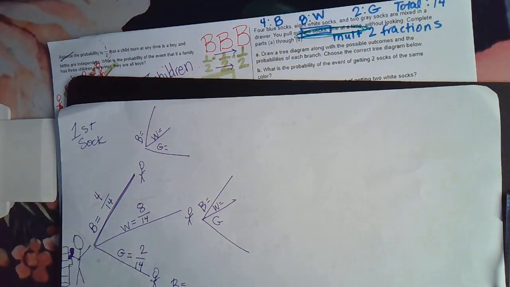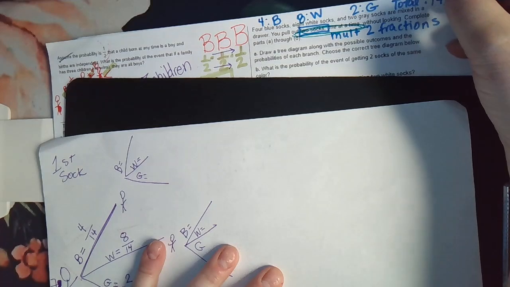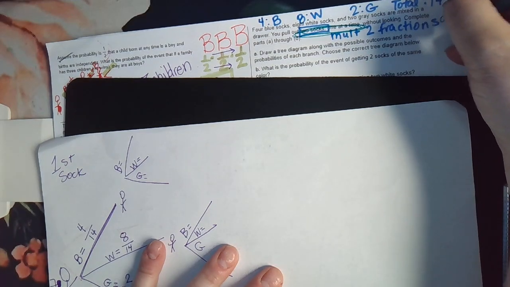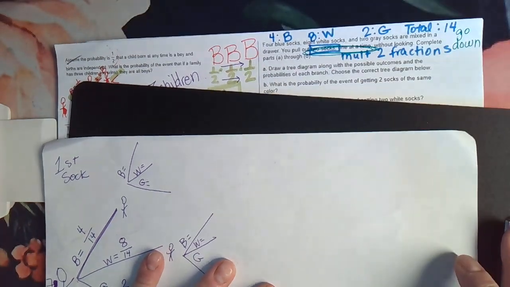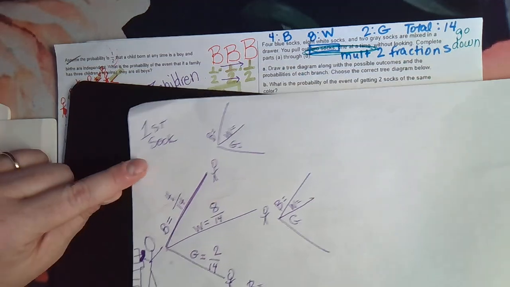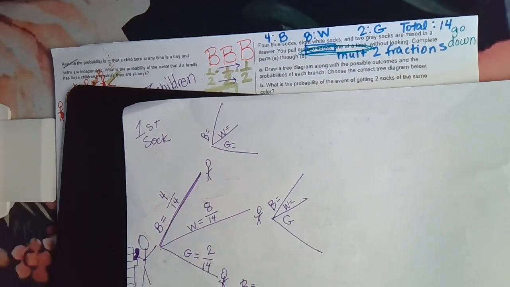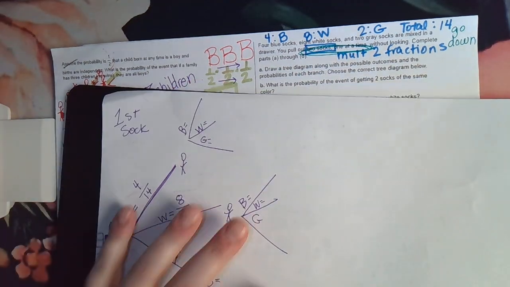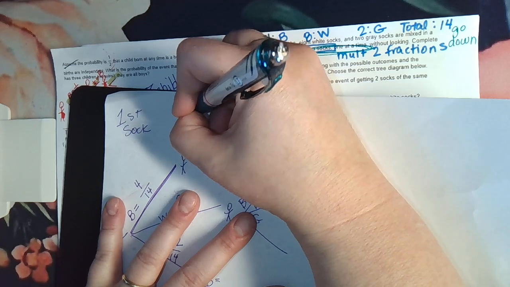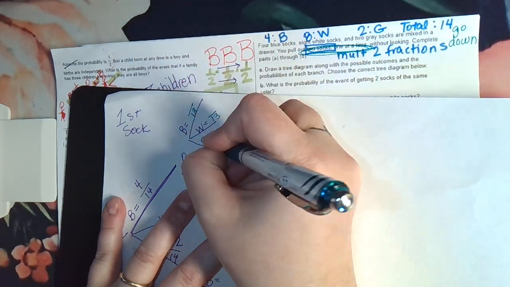So we're just going to assume that we took the sock out and kept it in your hand. That means your total needs to go down. So my first sock had denominators of 14s. My second sock is going to have denominators of 13s.